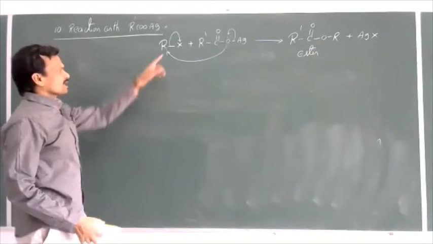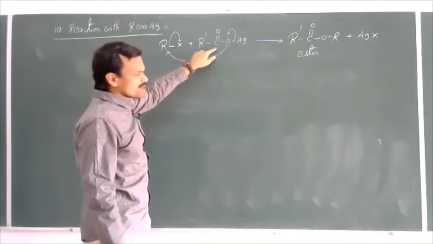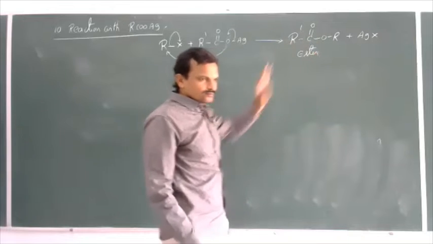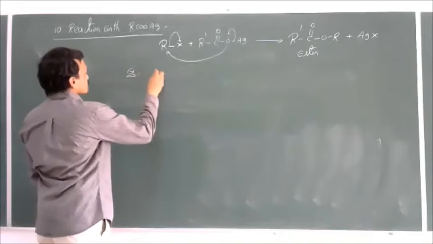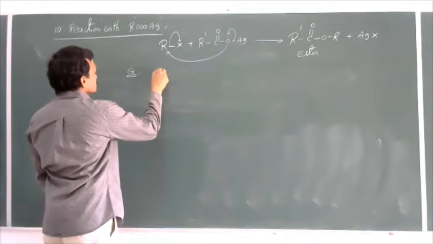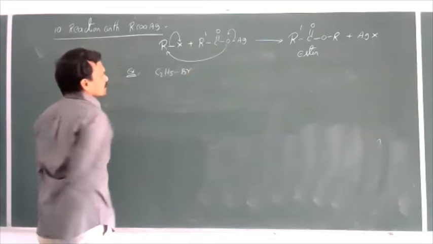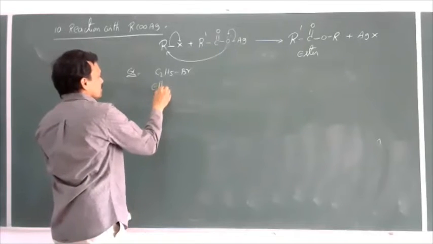So when haloalkanes are allowed to react with a silver salt of carboxylic acid, then we can get ester as the product. Let us take an example here for this. C2H5Br, nothing but ethyl bromide.